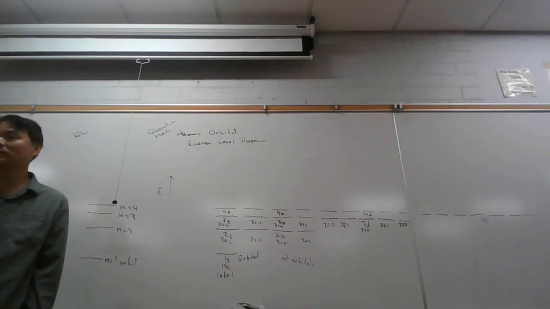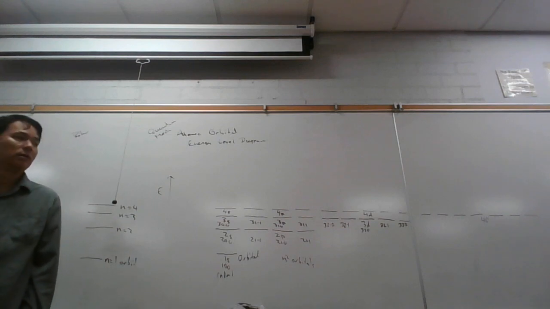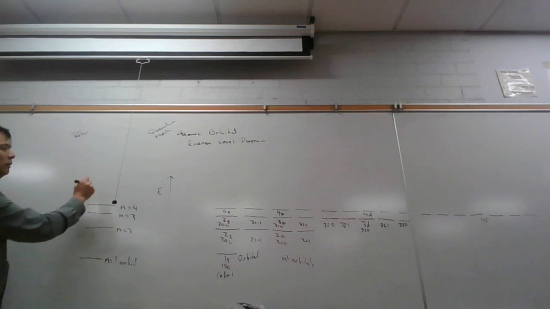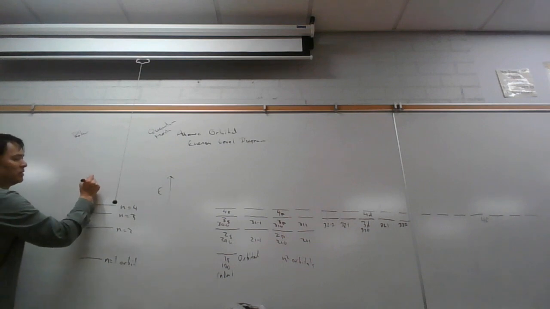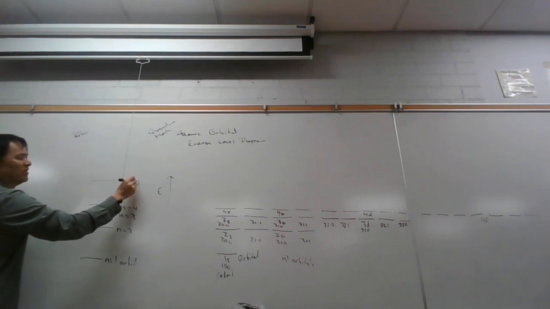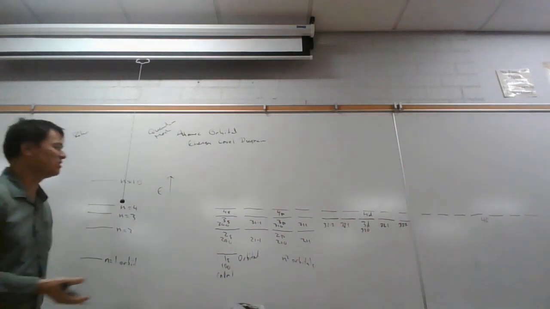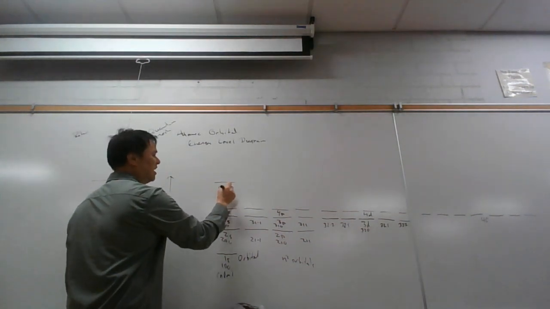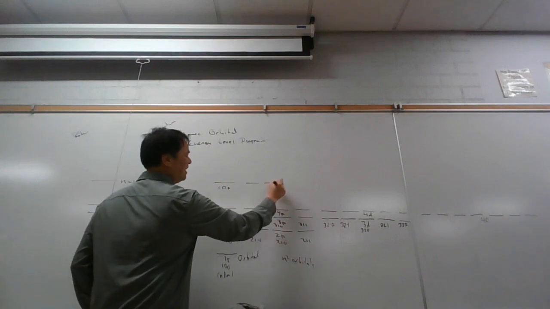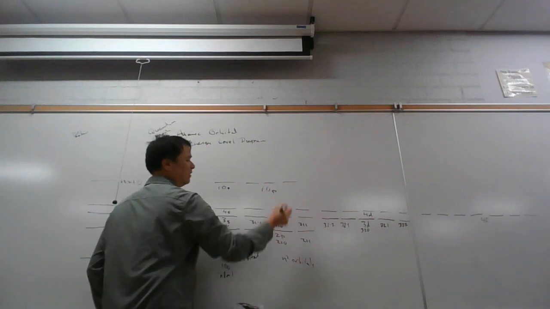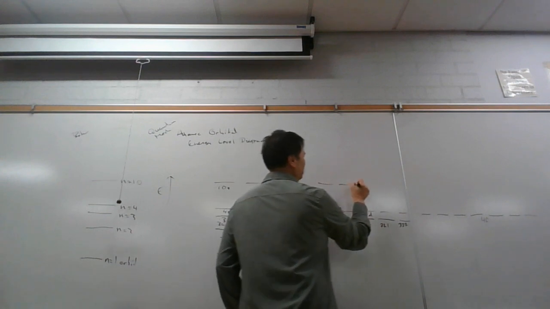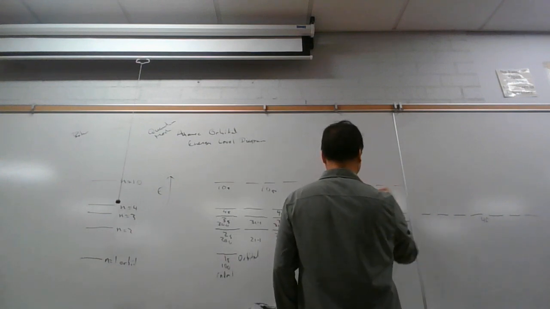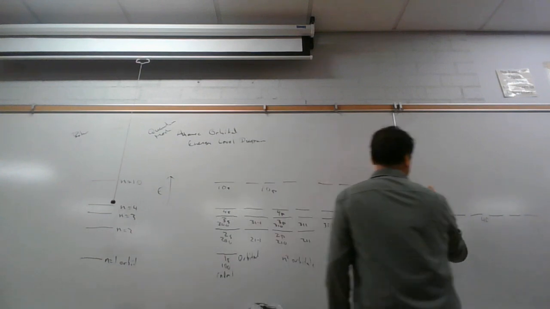What are the subshells? 10s, 10p, 10d. So what we want to be able to do is go to any of these, n equals 10, and then be able to predict. There's going to be 100 orbitals. What are they? The 10s, the 10p, 10d, 10f.